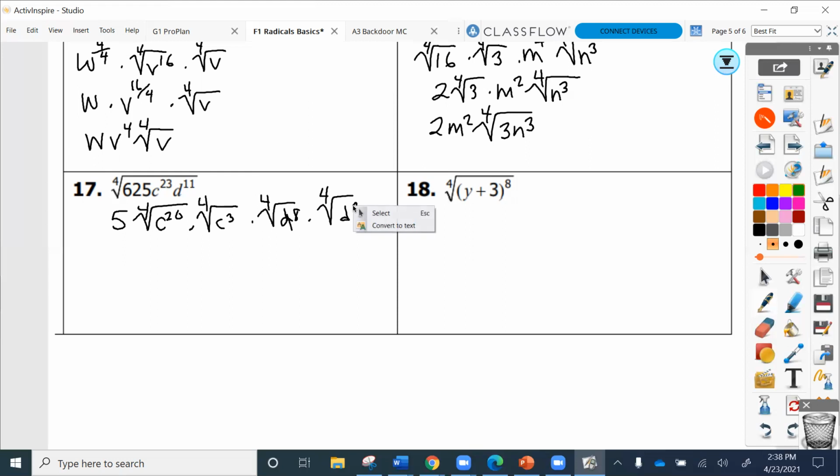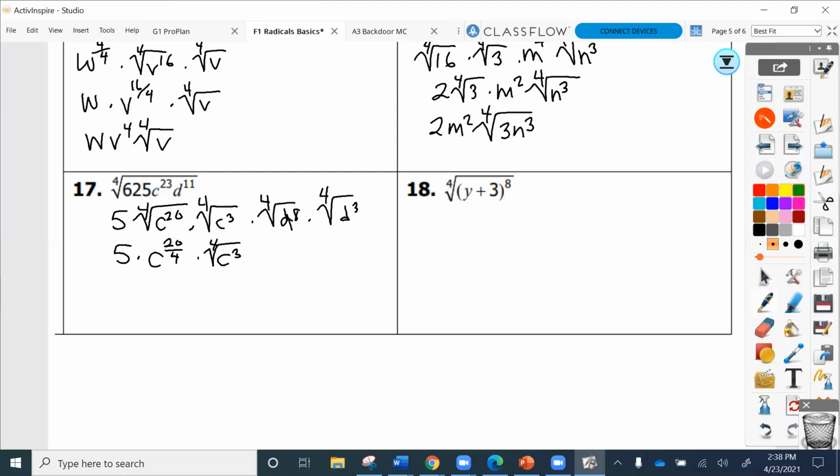All right, now let's see what we do when we simplify this. So it'd be 5 times c to the 20 divided by 4, times the fourth root of c cubed.